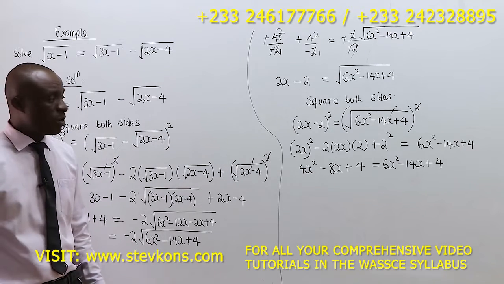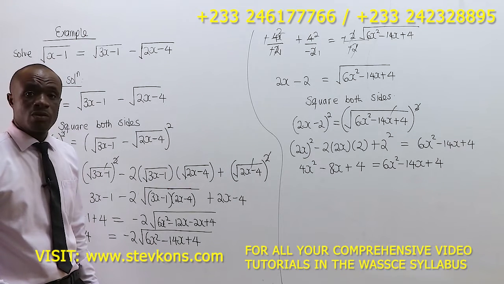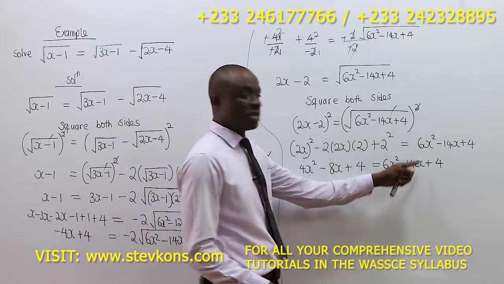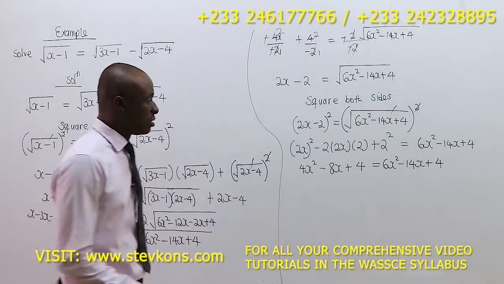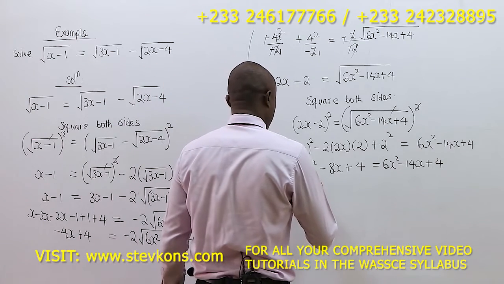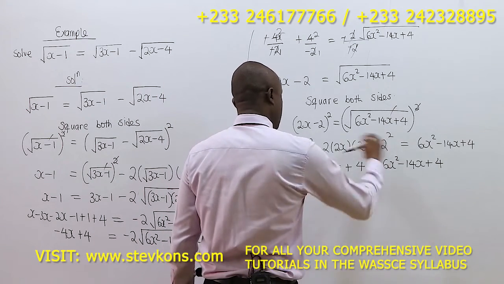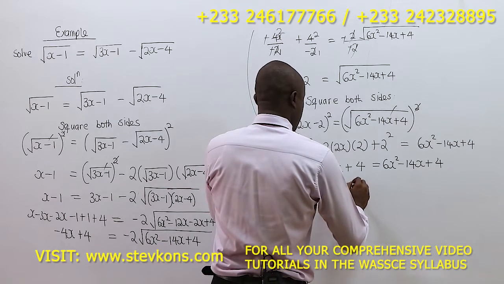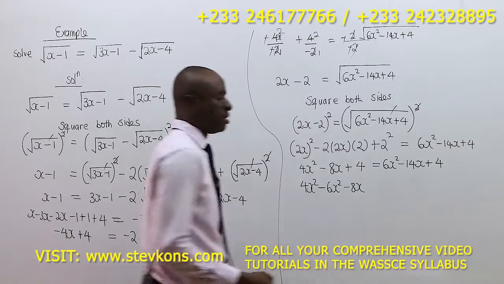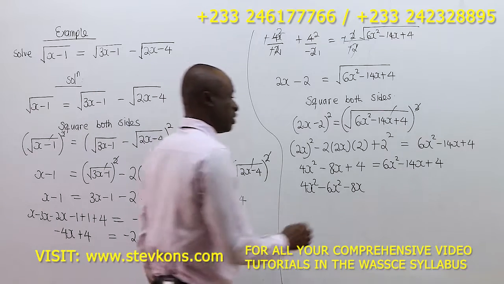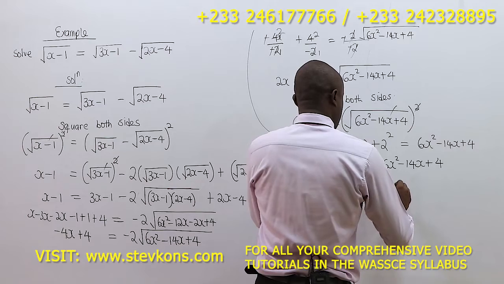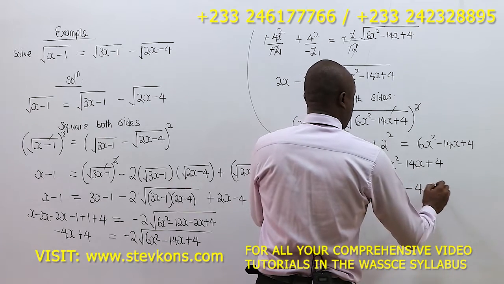Now from here, what do we do? We have a quadratic equation, so let everything be on one side. So everything will come to this side. We have 4x squared, this moving becomes negative 6x squared, we have negative 8x. Now, negative 14x moving becomes positive 14x, and plus 4 minus 4 equals 0.